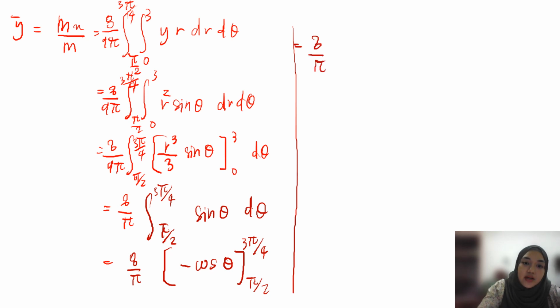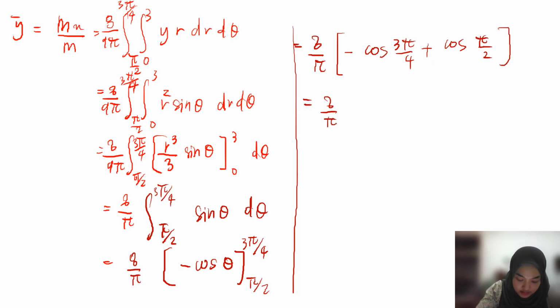8 over pi, you substitute this one, negative cos 3 pi over 4 minus, positive right, cos pi over 2. So 8 over pi, and then you calculate, and the answer would be 8 over pi times root 2 over 2, approximately 1.8.